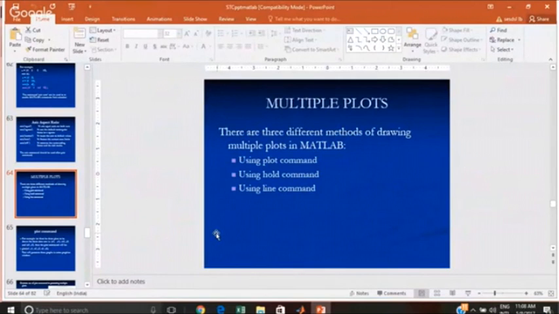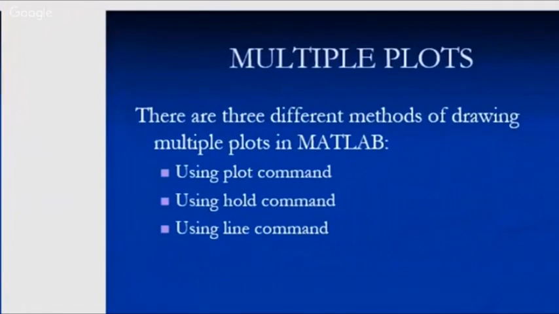Then next is multiple plots. This is what somebody was asking me, how to draw multiple plots. There are 3 different methods of drawing multiple plots in MATLAB. One is using the plot command itself, you can do. Using hold command, you can do. Like in the plot command itself, you continuously give x1 comma y1 comma x2 comma y2 comma x3 comma y3.